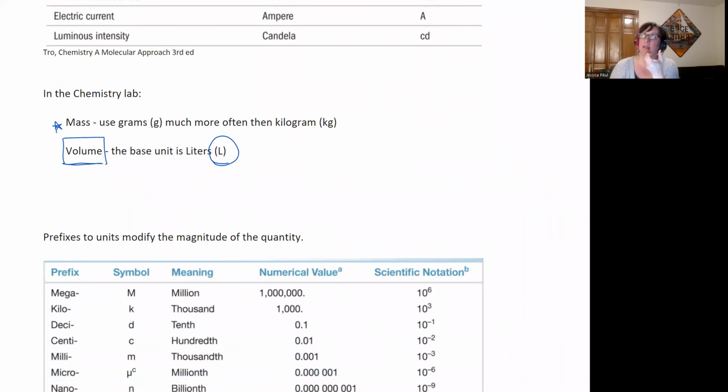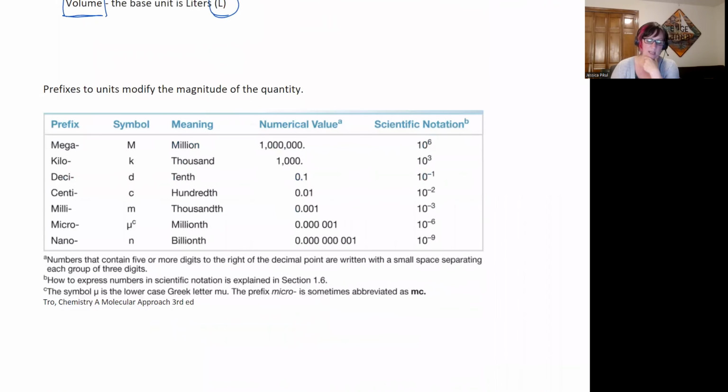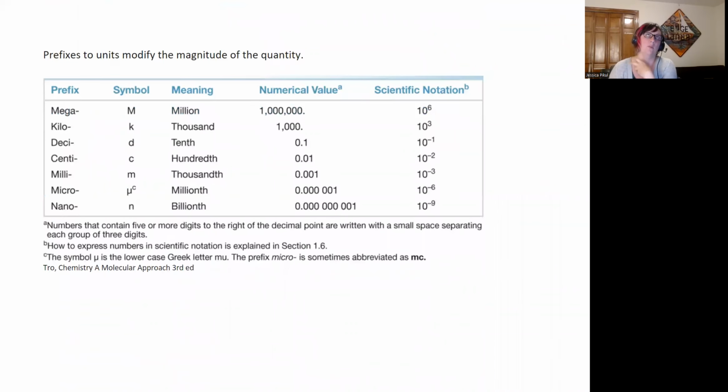The reason I'm focusing on the base unit is because we can modify and communicate the size of something by using prefixes with the metric system or these standard units. These are the prefixes that are most common, at least in chemistry, and their meaning. If I had grams, so I had that 35 grams, I could have a numeric value that is measuring something that's very, very small compared to that.